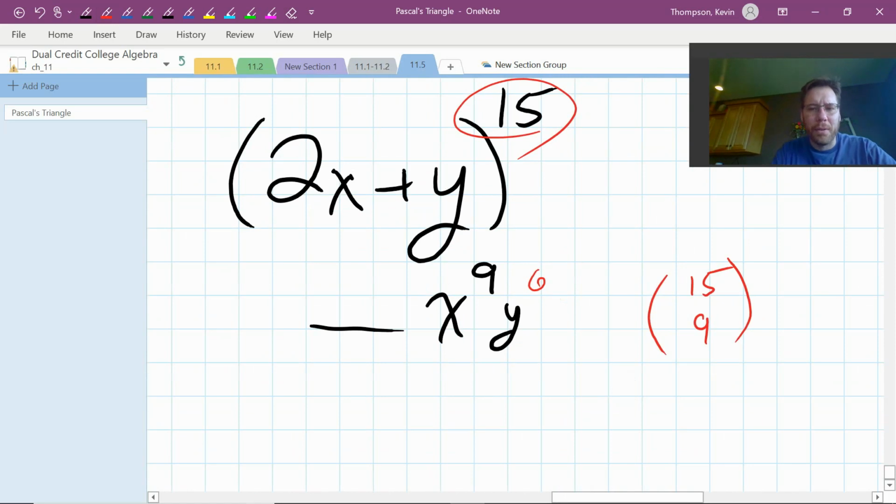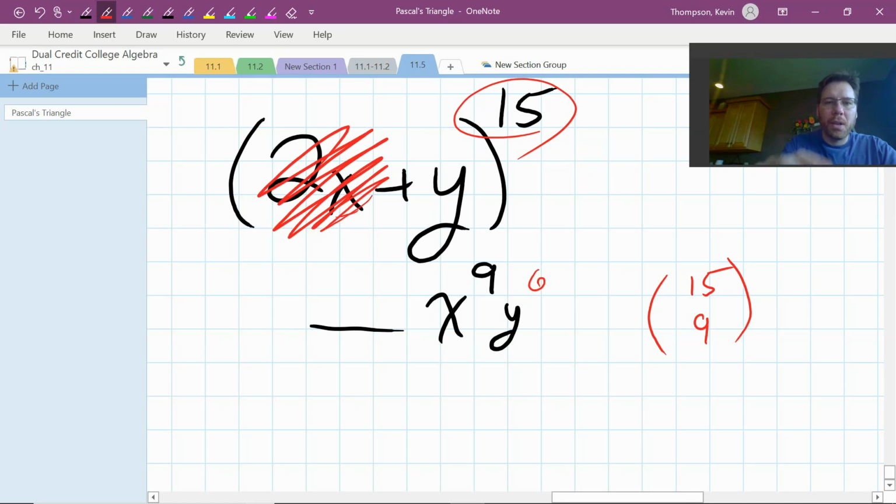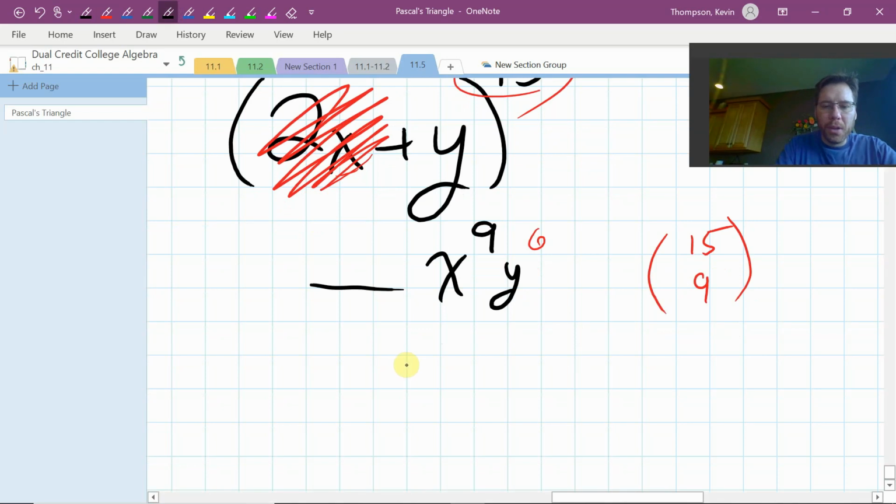That's not enough. There's another part to this that we need to remember from the other part of the lesson. Okay, and what we have there is that, remember, I had scribbled out this 2x, and when I wrote this, I was saying that whole thing is being raised to the 9th power.